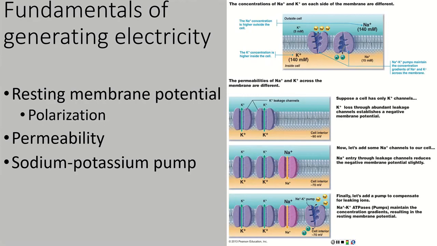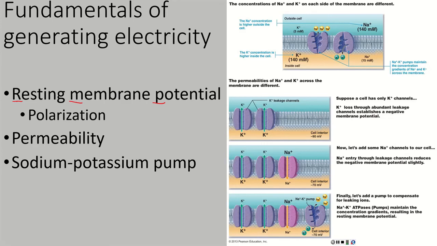Well, whatever the voltage is for a cell while it is at rest, that voltage is called the resting membrane potential. Sometimes it's just abbreviated RMP, the resting membrane potential. That is the voltage of a cell while it is at rest, when it's just doing nothing.